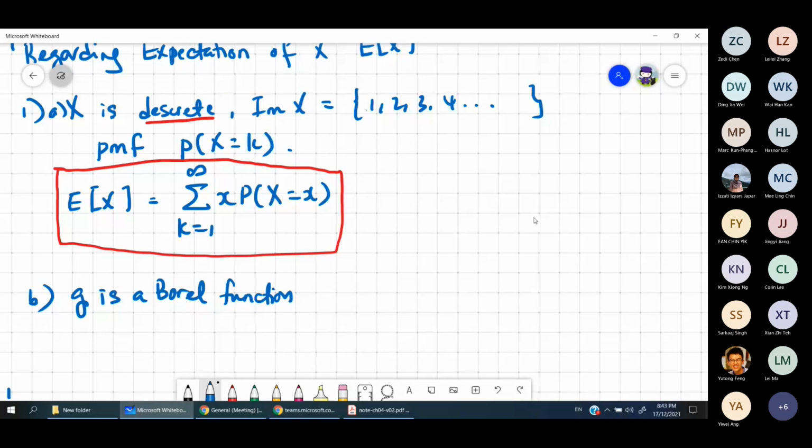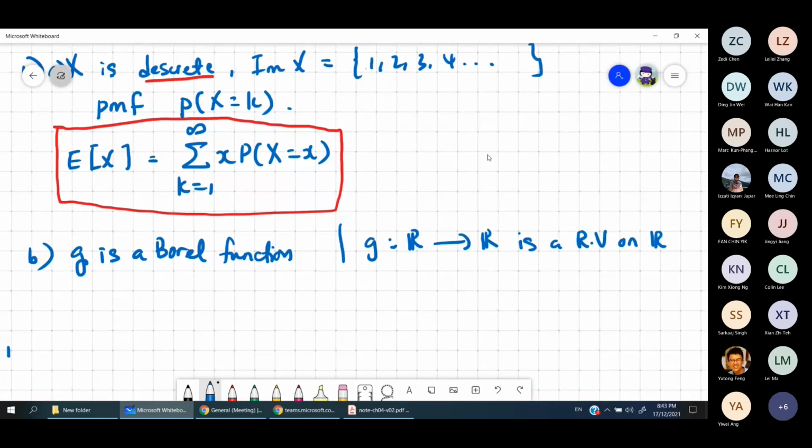In a way, you can say G is a random variable on R. If G is a Borel function, this implies that G of X is also a random variable on omega. Then we can talk about the expectation of G of X.